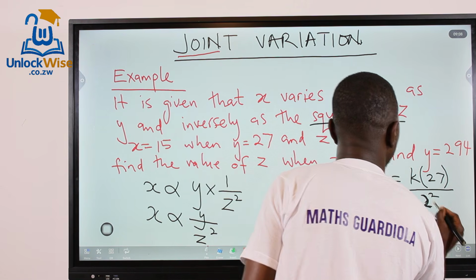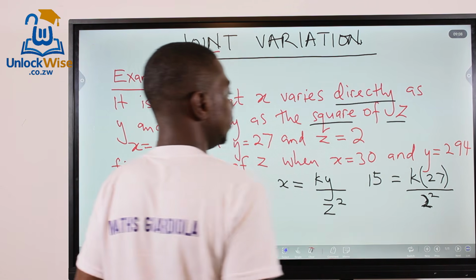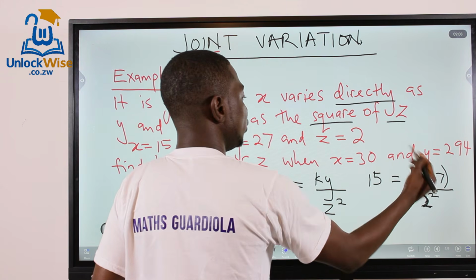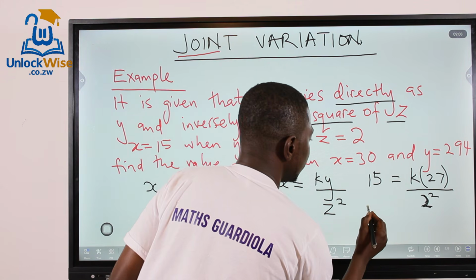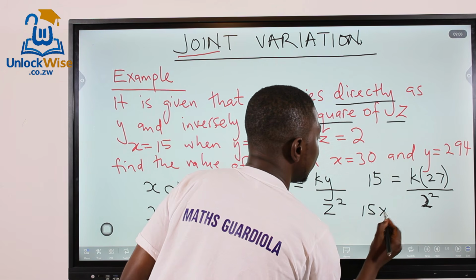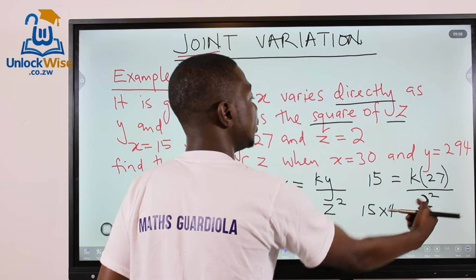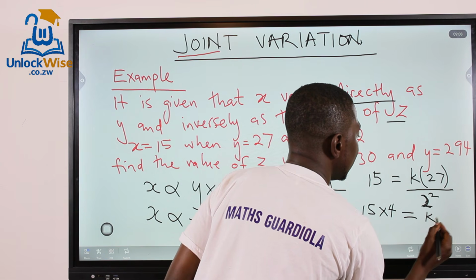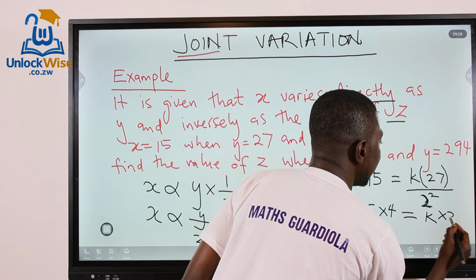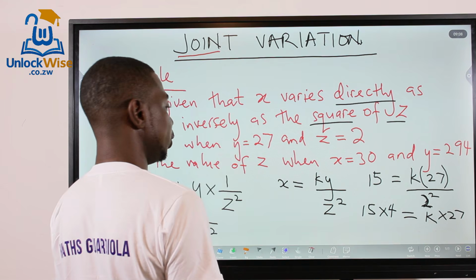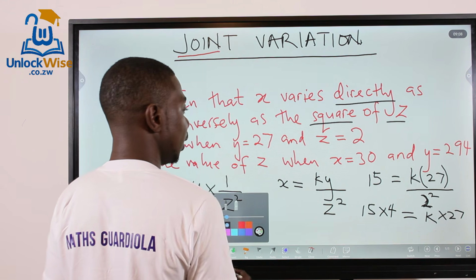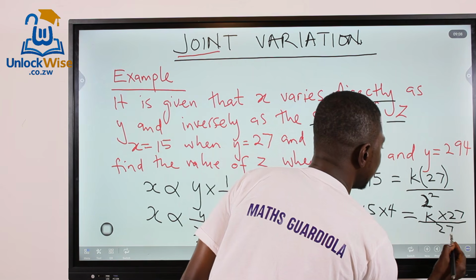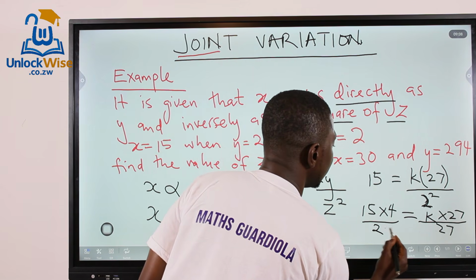So maybe 2 squared will give us 4. So if we want to calculate the value of k, we are going to have 15 multiplied by 4, which is just 2 squared, and here we will have k multiplied by 27. All right, so I will divide both sides by 27.